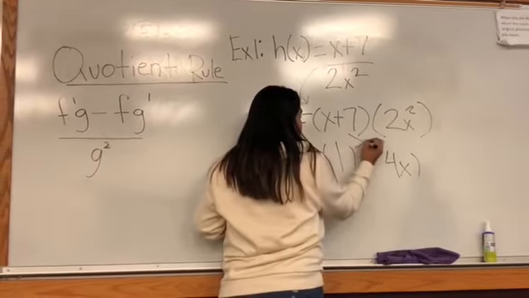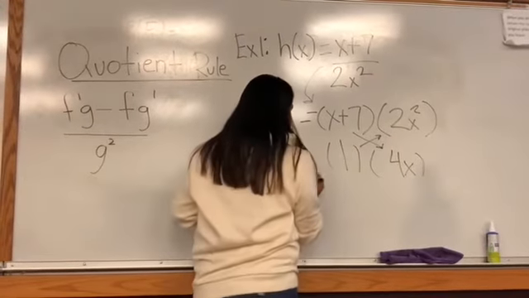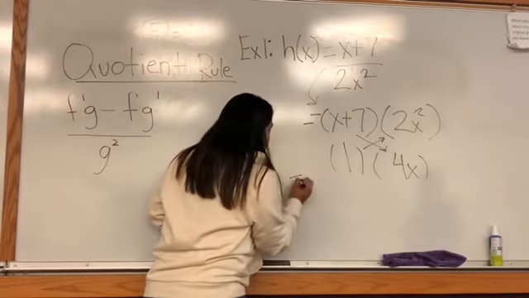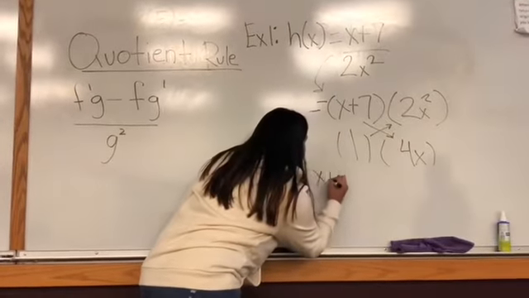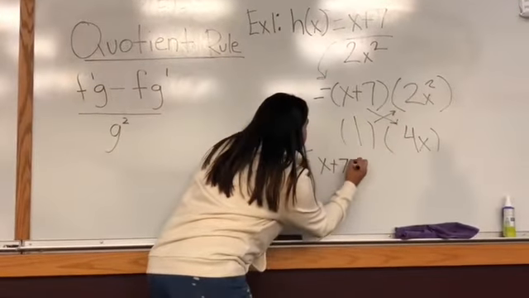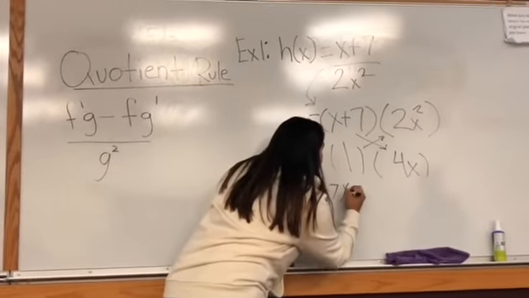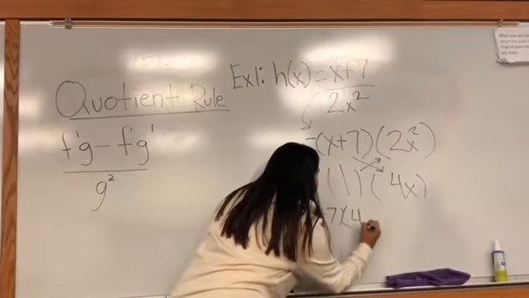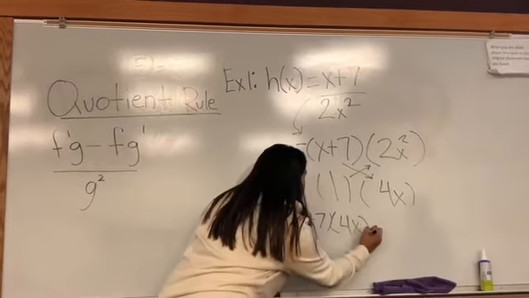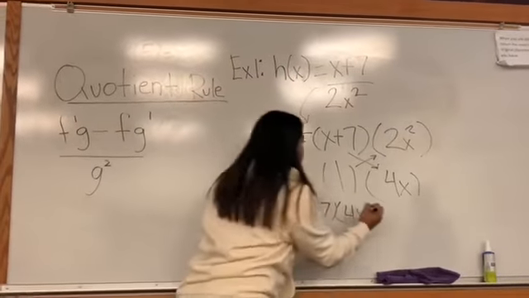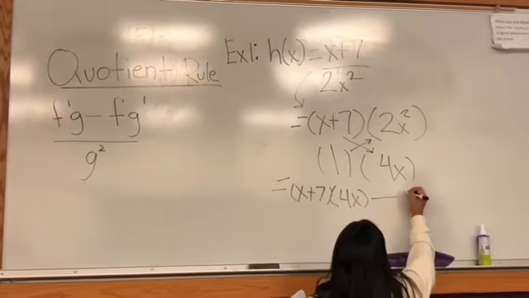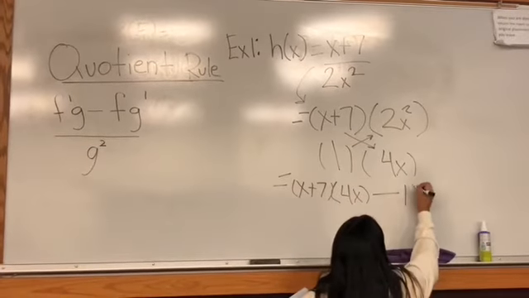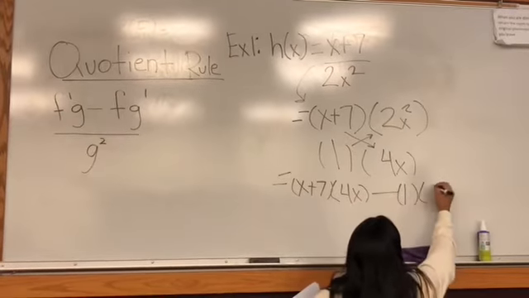Now remember that by crisscrossing it is a little bit easier for you to remember what two terms go with each other, and that's how you will write it out for the final answer. So we have x plus 7 times 4x, and we will do minus 1 times 2x squared.